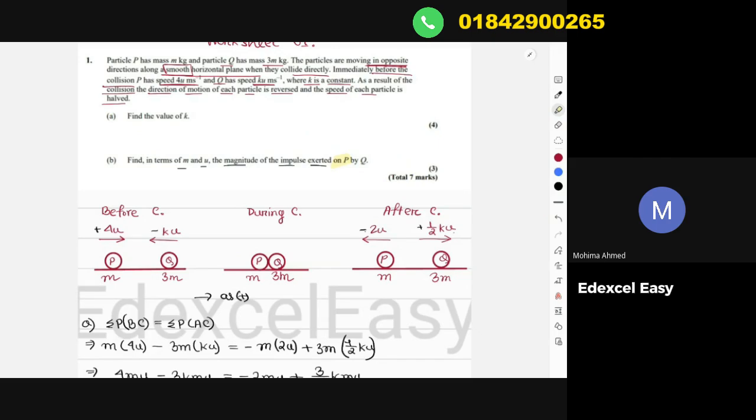This was exerted on P by Q. That means Q was exerting the force on P, and because of that force from Q, P will change its velocity or change its direction. So you have to find the impulse exerted on P by Q. You have to use the information of particle P, not particle Q.